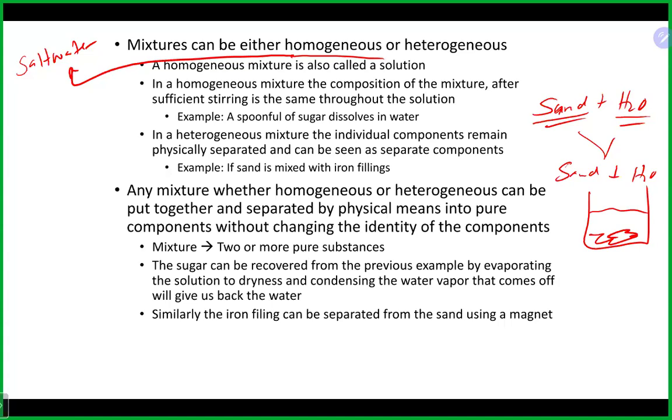You see different components of the mixture in there. But regardless of whether it's a heterogeneous or a homogeneous mixture, everybody in that mixture still retains their identity. And you can actually get back the components of that mixture through physical means.